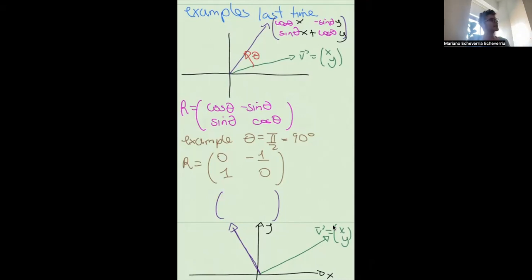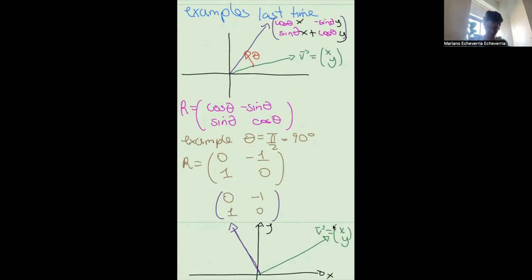So what you can do is, again, kind of copy the entries. It's kind of making a copy of the same entries on the vector. So the entries on the first row will appear in the first entry on the vector, and the entries on the second row will appear in the second entry of the vector. Each entry gets multiplied by the variable, so it gets multiplied by x, y.